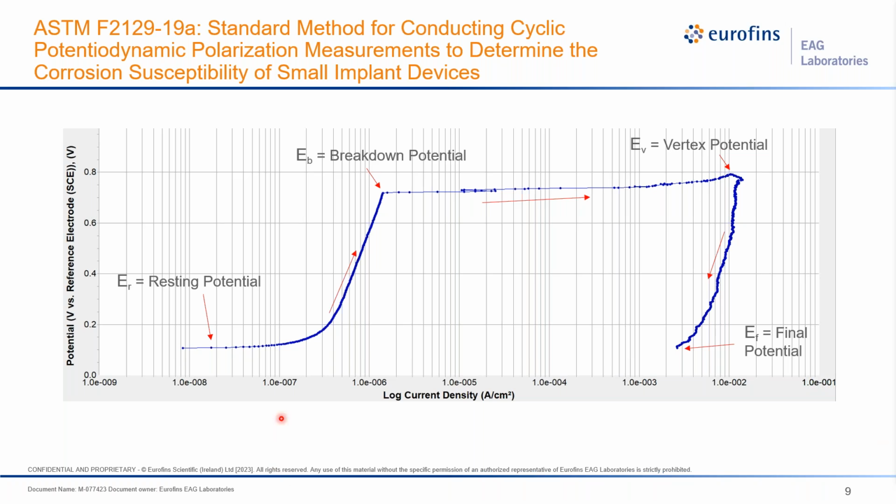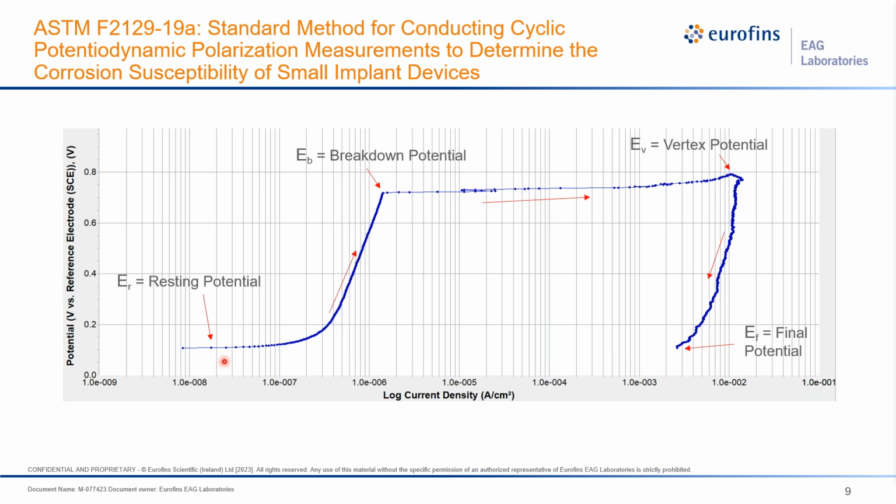Here we see the x-axis is logarithmic current density in amps per centimeter squared versus the potential, which is the voltage versus the saturated calomel electrode, or the reference electrode, in volts. For executing ASTM F2129, a resting potential is obtained at the point where the voltage is stabilized at 3 millivolts per minute.